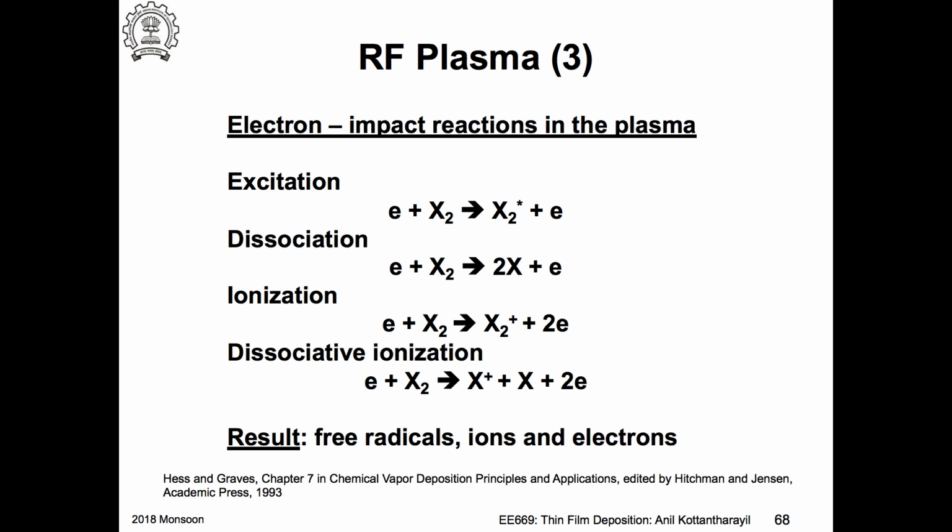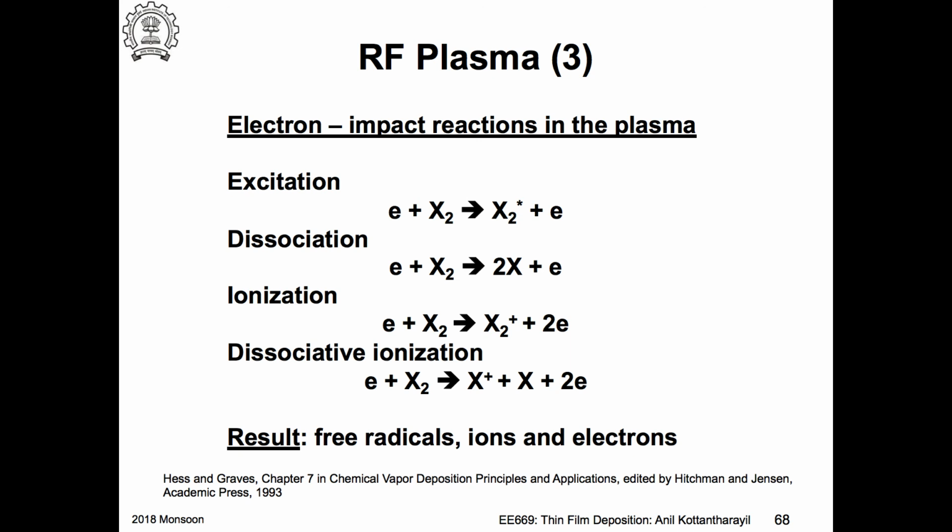The other possibility is that the energy is sufficient to break it into two atoms. Another possibility is that you can knock off an electron from this. It depends on what this X is. And you can have a dissociative ionization, so you get one ion but also one excited atom. Take oxygen, O2: you split it into two oxygen atoms, and the oxygen atoms will be much more reactive.